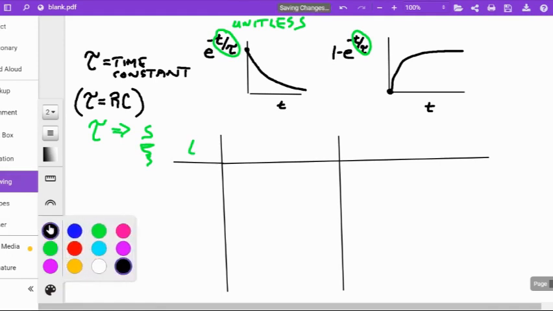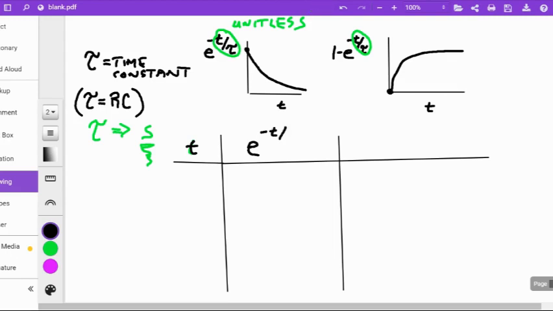I'm going to make time, the variable lowercase t, my first column, and then I'm going to evaluate the functions that are graphed up above. You might be wondering, how can I do that if I don't have any numbers? Here's how.